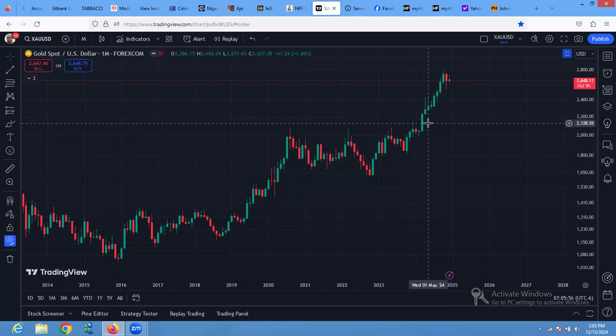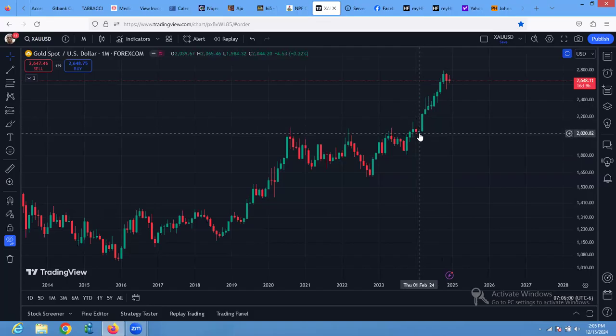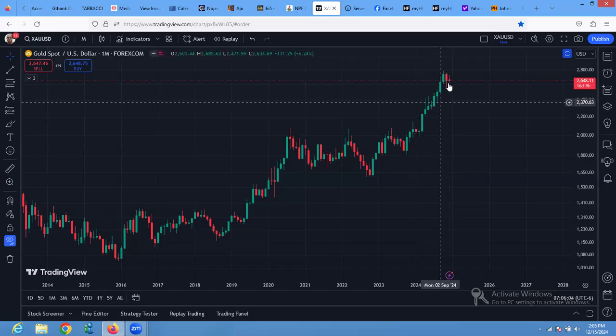Now, with this, it took about 2 months to do a wave 2 here, and we've done 2 months. So I would expect wave 4 in this category, or if it is a third wave, the wave 4 not to be as long as this. Probably a month or less. And these are taking more amplitude.